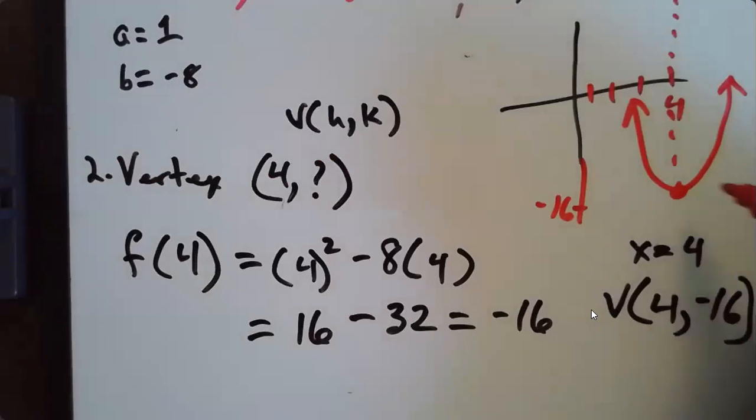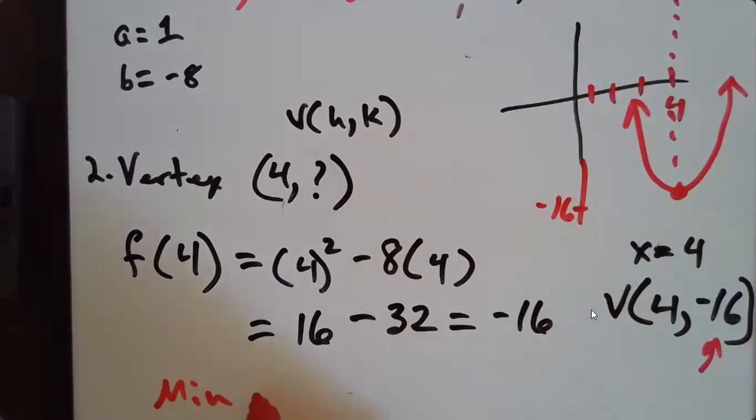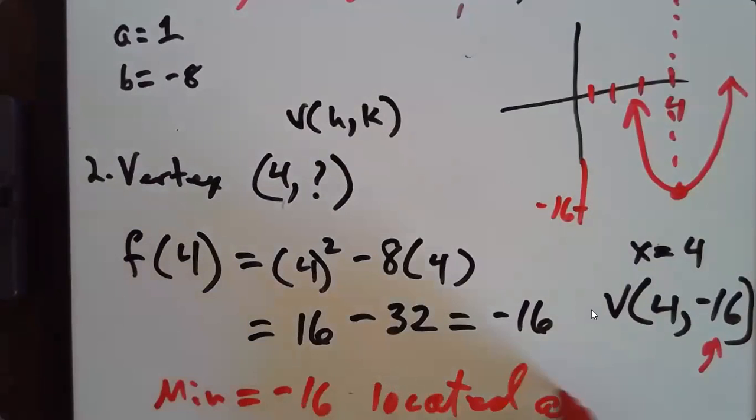So the minimum is always the y or the k component to the vertex. And it's located at the x or the h component. So the minimum equals negative 16 and is located at x equal 4.